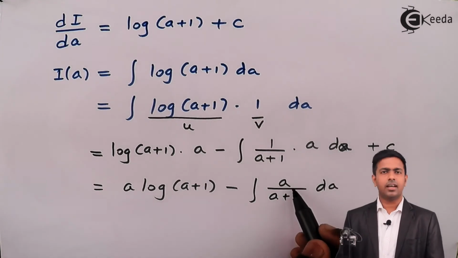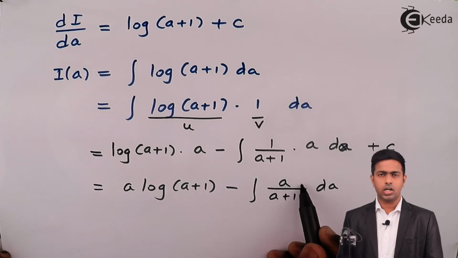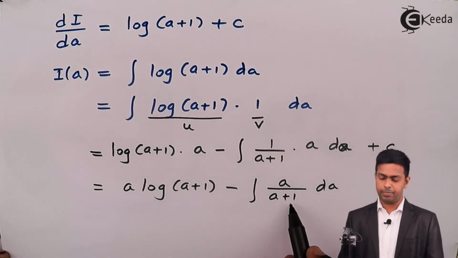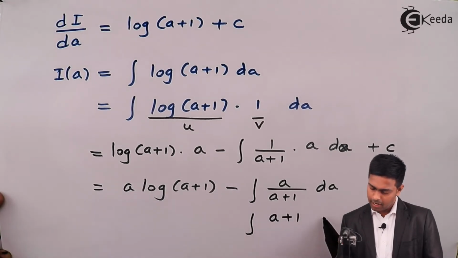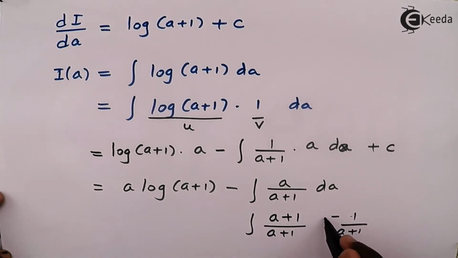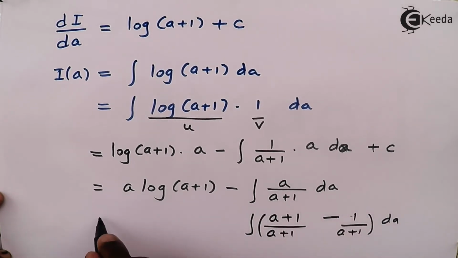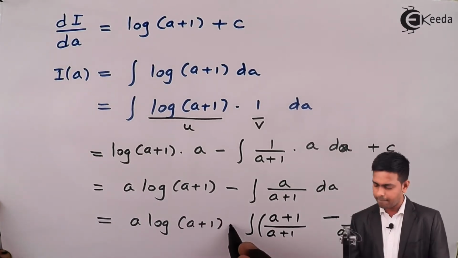So in the numerator, I will add 1 and subtract 1. So that here I'll get a plus 1 minus 1, and a plus 1 and a plus 1, we can cancel it by dividing this numerator separately with a plus 1. So here I'll say this is nothing but a plus 1, and here it is minus 1, and I'll divide separately with a plus 1 in both the terms, and then we have dA, and this first term is as it is, that is a log of a plus 1.